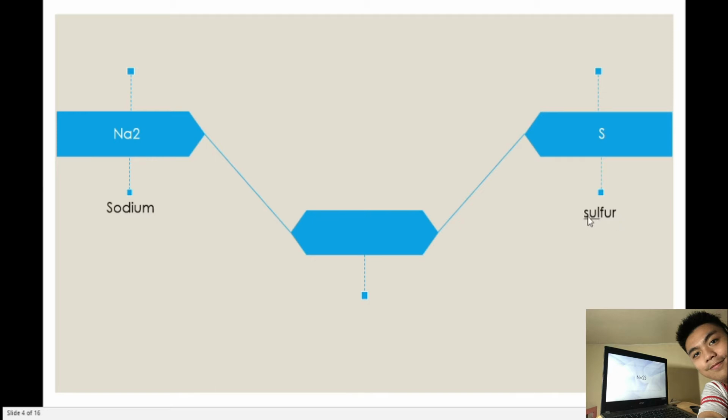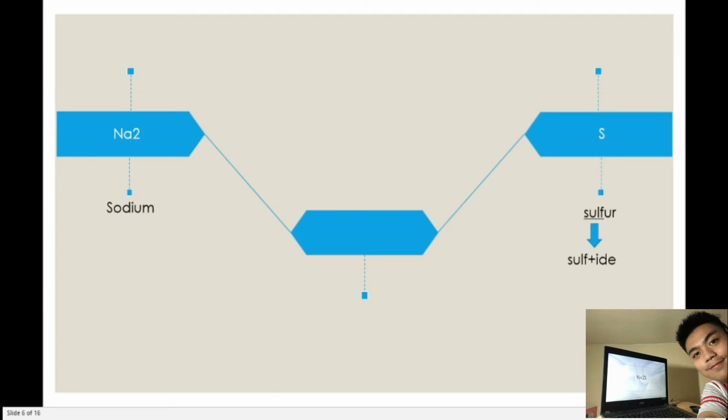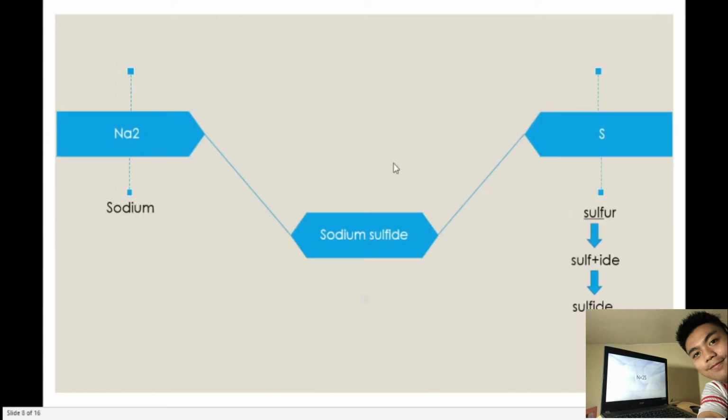Small s, just small s here. After that, we're going to replace the ending with ide. So for sulfur, we change the ending to sulfide. So the name for Na2S is sodium sulfide.